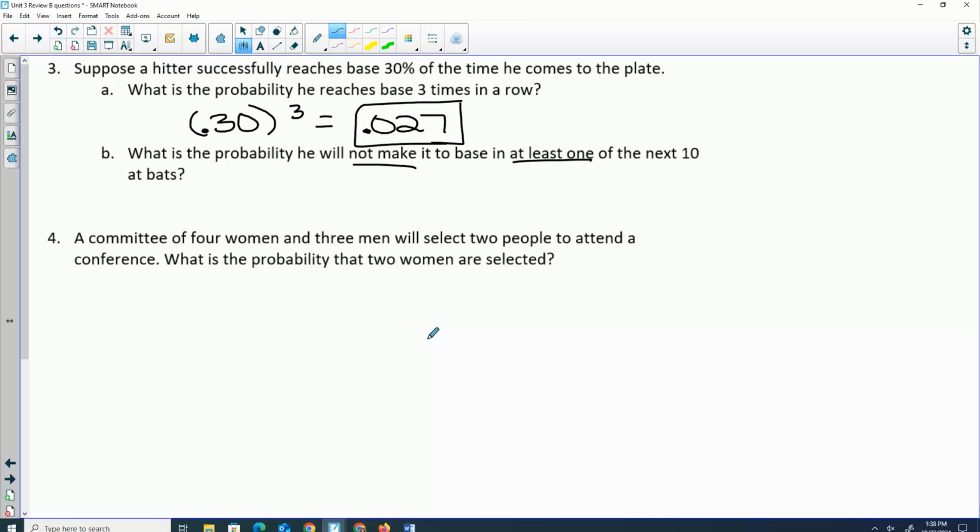Complement. Not making it at least once. Isn't that the opposite of making it every time? So complement is 1 minus. To find the probability he made it 10 times, that would be my 30% to the 10th power. So we're doing everything except the possibility that he makes it every single time.